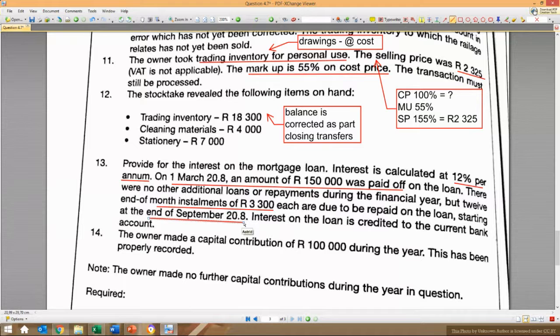That information, the monthly installments, just indicates the current component. So what will I actually pay within the next 12 months? So this portion here is only for disclosure.